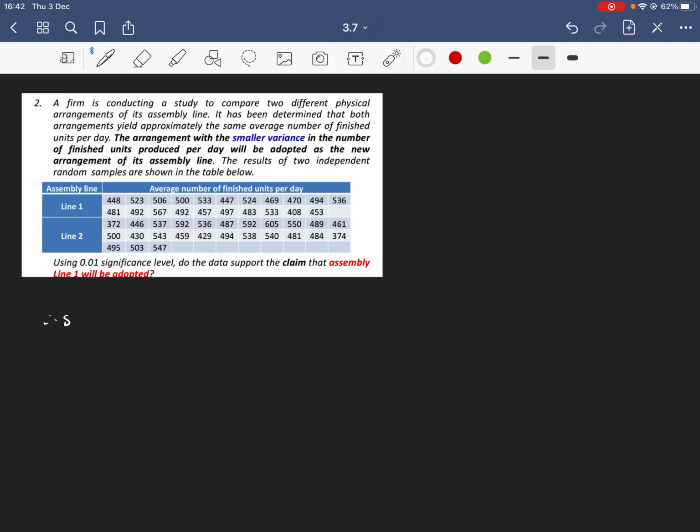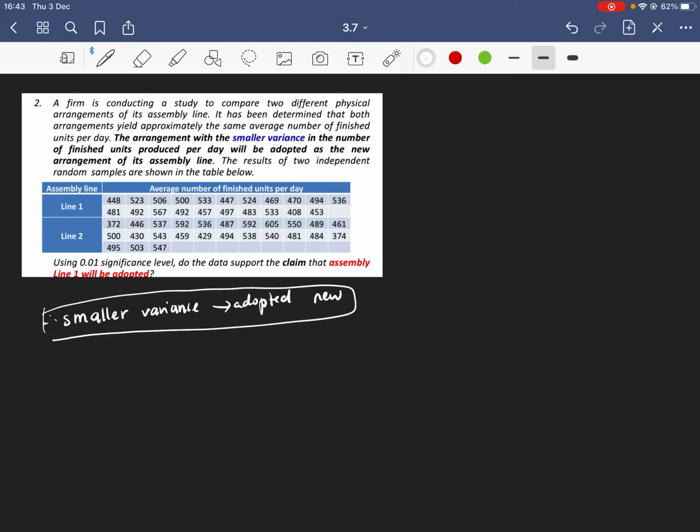So here, smaller variance will be adopted as the new assembly line. Okay, the results of two independent random samples are shown in the table below. Using alpha 0.01, do the data support the claim that the assembly line will be adopted? So test this one. It will be adopted if the variance is smaller.